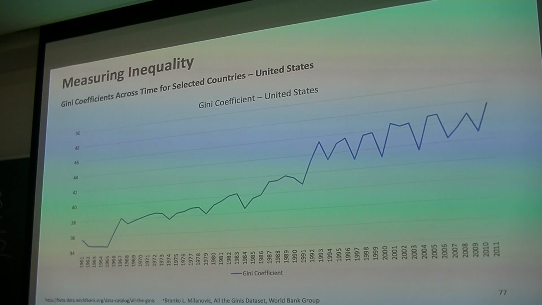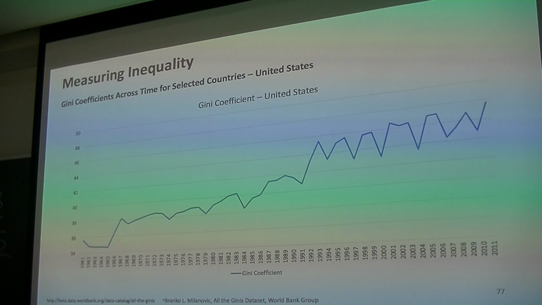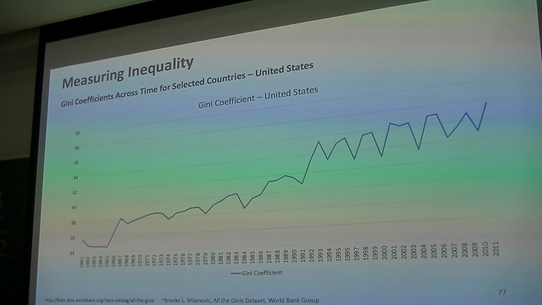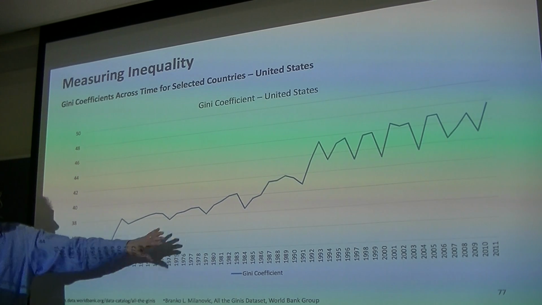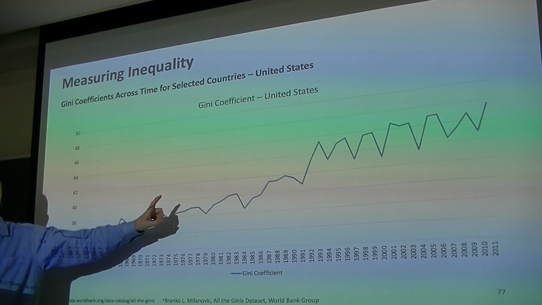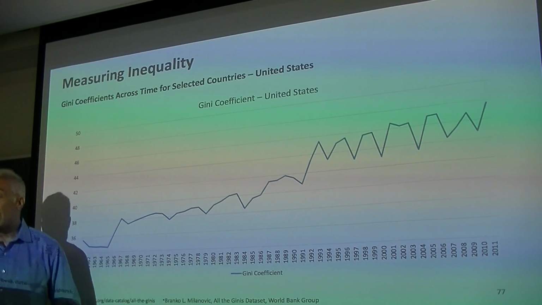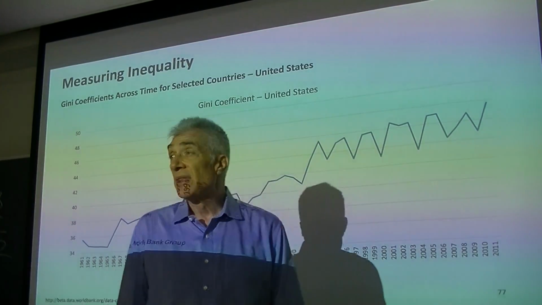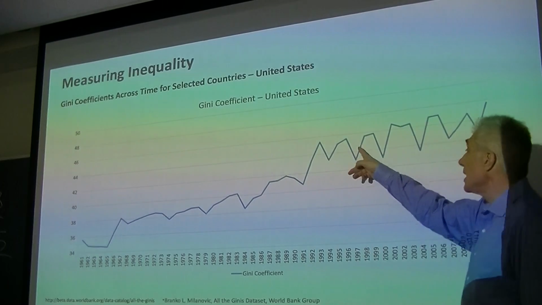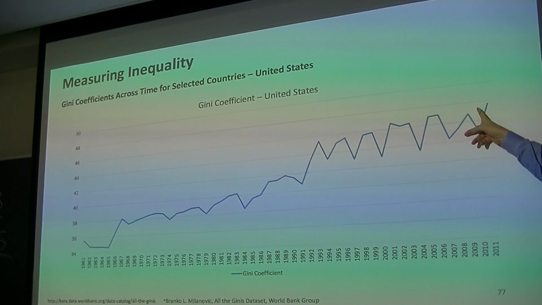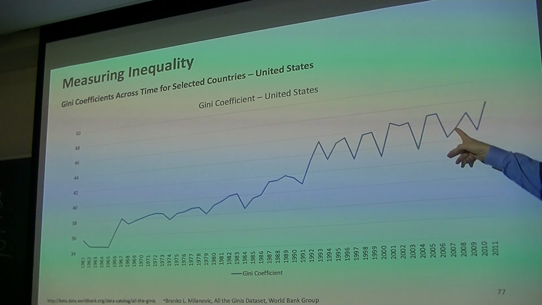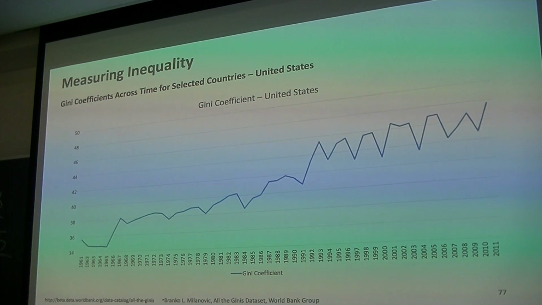Countries like Brazil are in the upper 50s, like 57, 58. NAFTA has had this effect for the United States. It's converging to Mexico. The income disparity is approaching the income disparity that you see in Mexico.